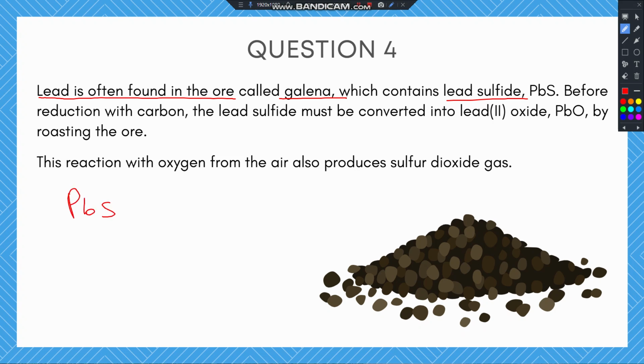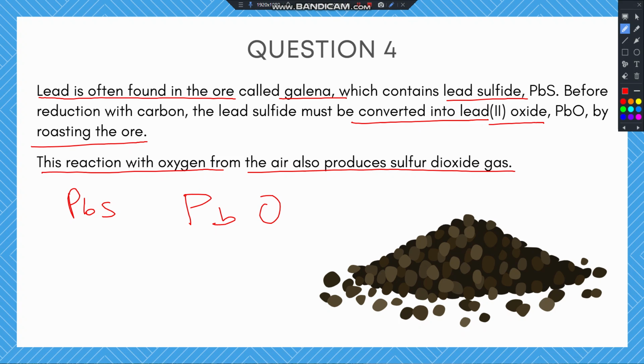Before reduction with carbon, the lead sulfide must first be converted into lead 2 oxide. Lead 2 oxide has the formula PbO, by roasting the ore. Roasting the ore simply means we react it with oxygen. This reaction with oxygen from the air also produces sulfur dioxide gas.